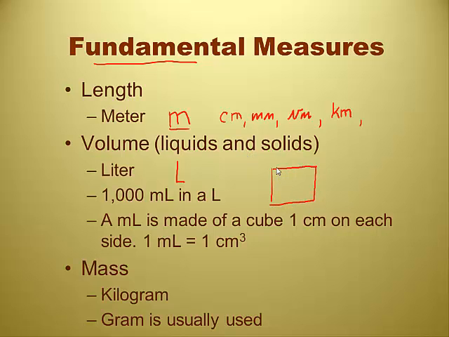Although you can measure the volume of objects that are solid, such as a cube. You could measure the volume of it by taking the length, the width, and the height. Everybody who's taken geometry or even 8th grade knows that the volume of an object is the length times the width times the height.